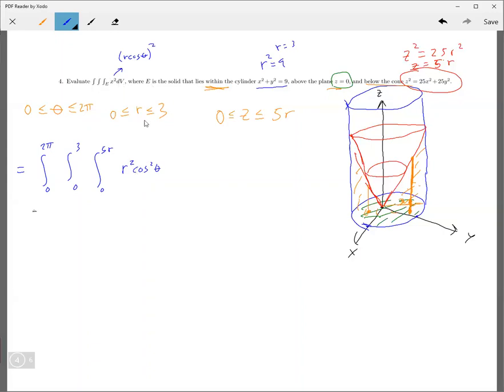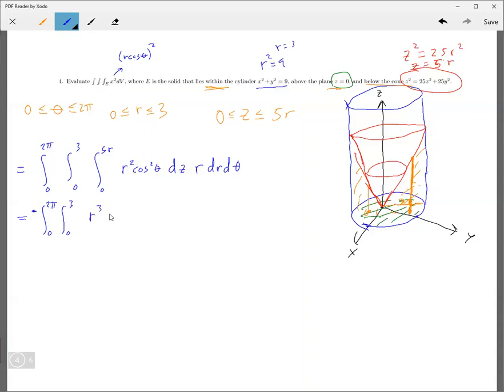And then your dv is again dz r dr d theta. We can't use the trick because there's a theta right there. So boo.